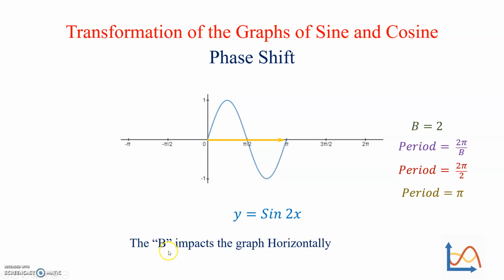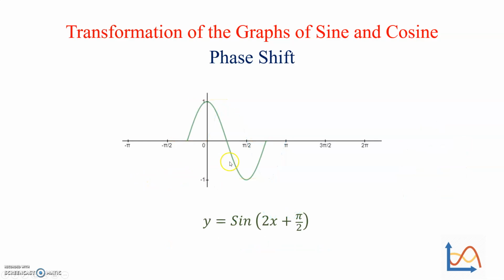But now we consider, well, if I compressed it and I also moved it, or shifted it, or translated it horizontally. In this case, if I just move everything to the left, we end up with a combination of things happening, meaning a combination of horizontally shifting and horizontally compressing.